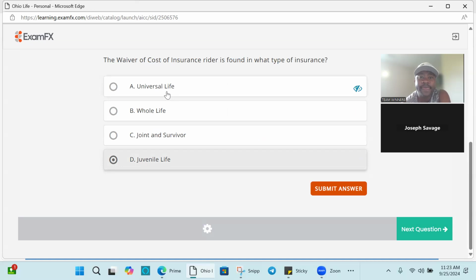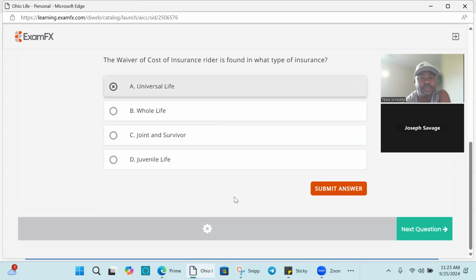Wow. And I preach this constantly in my classes. There are 3 things that go with universal life, always. Number 1, waiver of cost of insurance. Number 2, partial withdrawal. And number 3, annually renewable term. Those are the main characteristics of universal.